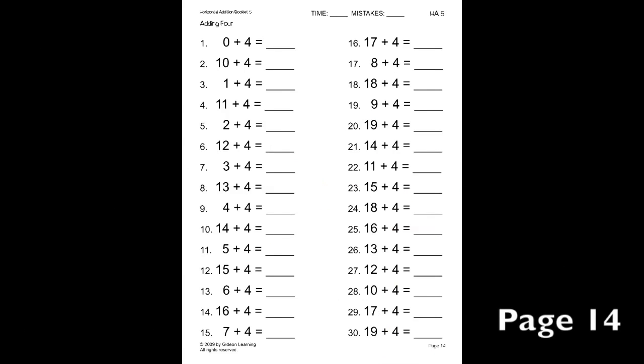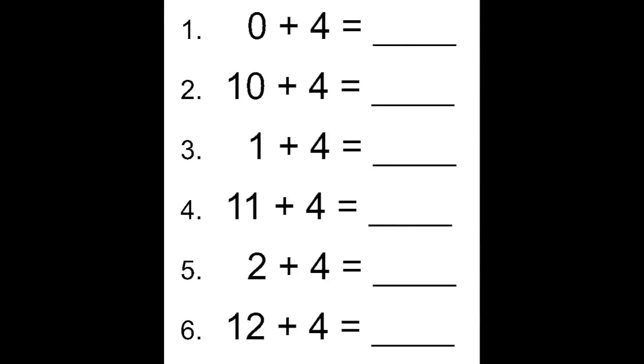So now let's work on adding with double digits. First we have 0 plus 4, which equals 4. After that is 10 plus 4. Well, 10 is 10 more than 0, so 10 plus 4 is 10 more than 0 plus 4. So 10 plus 4 equals 14, which is 10 more than 4.